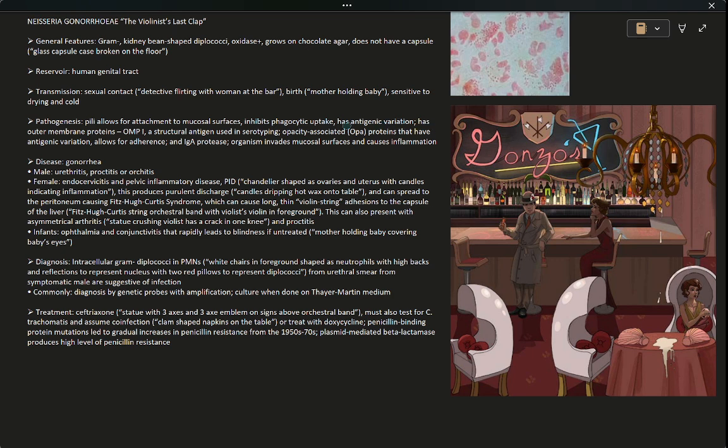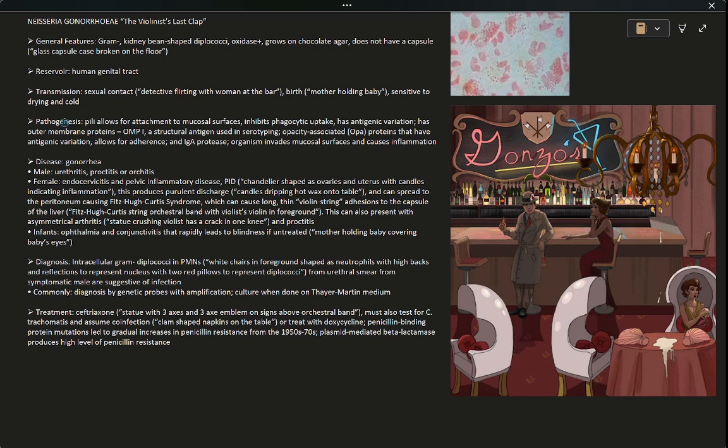The bacteria also has the outer membrane proteins. So the outer membrane protein 1 is a structural antigen that is used in serotyping. And then the outer membrane also has the opacity-associated proteins, or OPA proteins, that have antigenic variation.